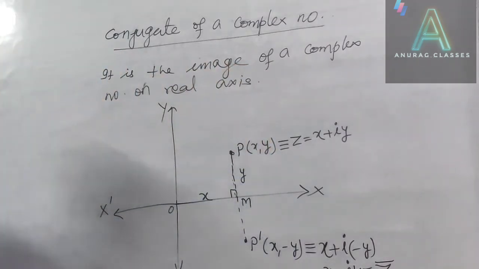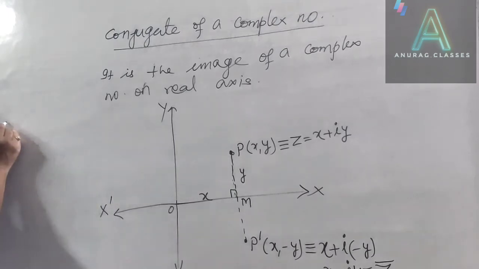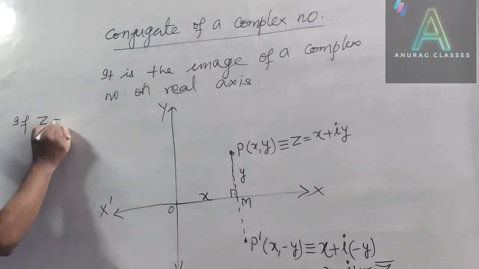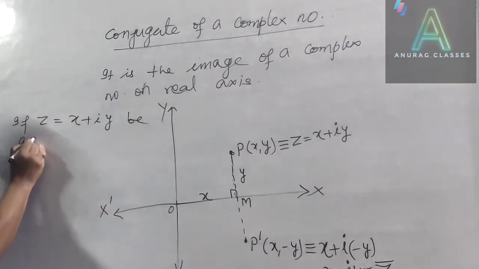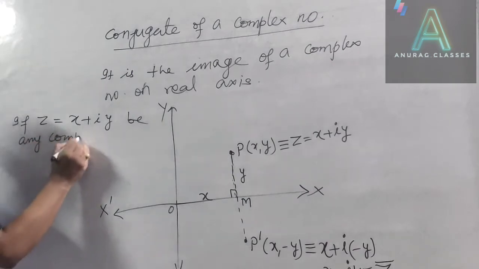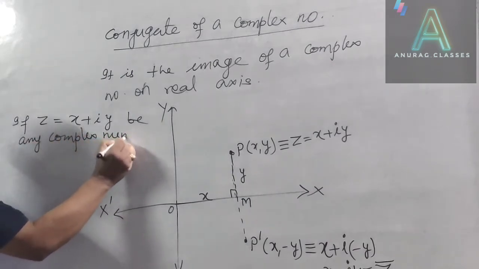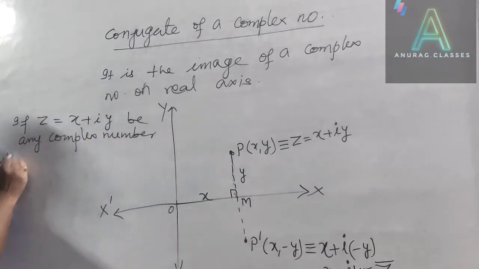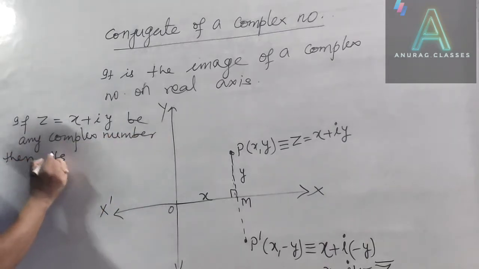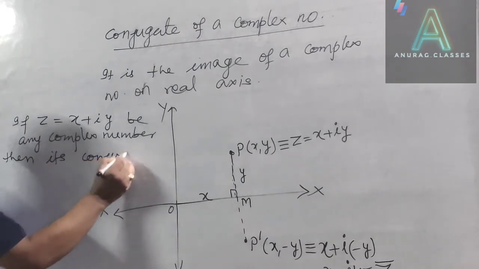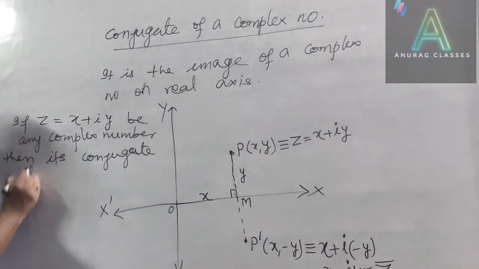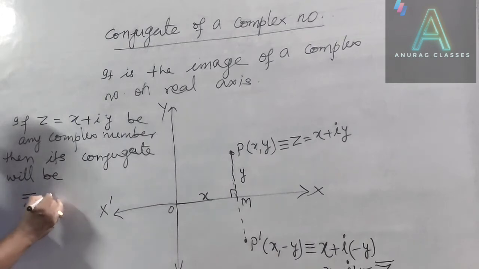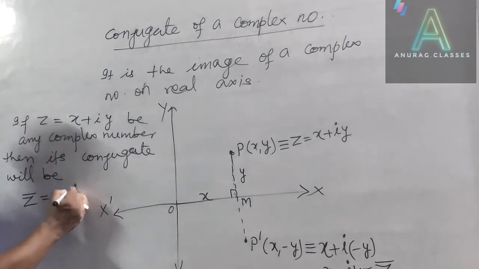So dear students, in short, what did we learn? We learned that if z is equal to x plus iota y is any complex number, then its conjugate z bar is equal to x minus iota y.